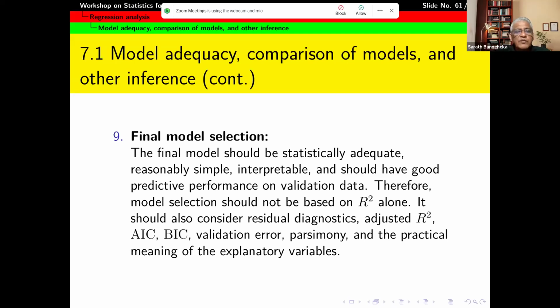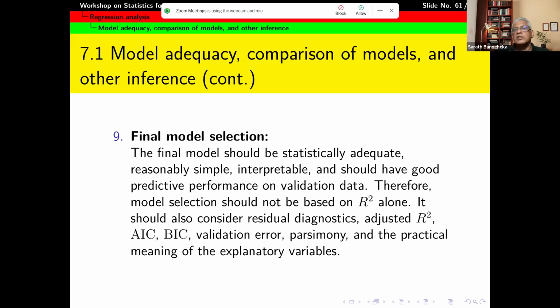Therefore, model selection should not be based only on R square, which I have seen in many applications. I will show you later. Most model selection has been based on only R square. It should also consider residual diagnosis, adjusted R square, AIC, BIC, validation error, parsimony, and the practical meaning of the explanatory variables.